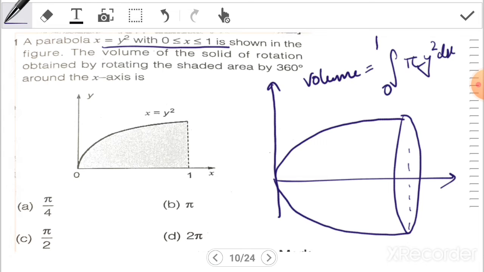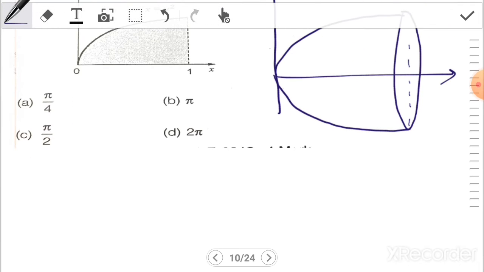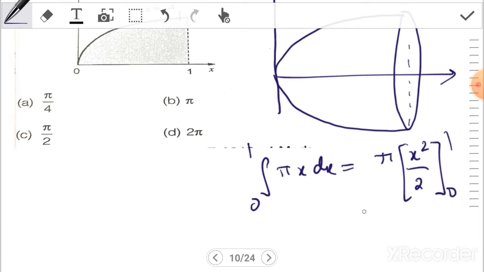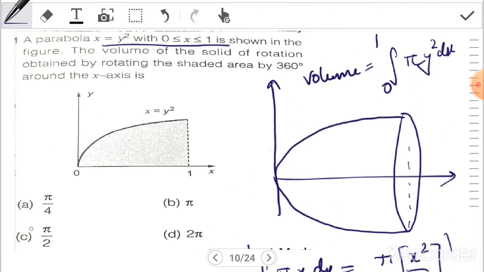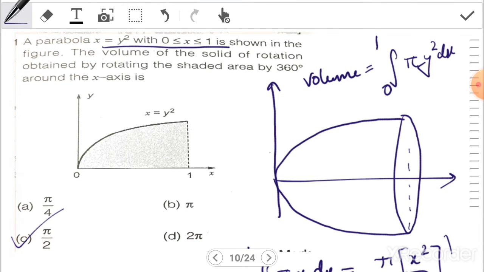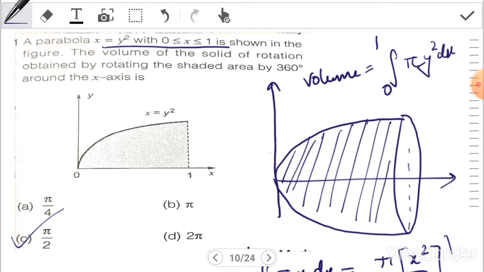And y square is nothing but x, so it is simply 0 to 1 pi x dx, which is equal to pi x square by 2 from 0 to 1, which is nothing but pi by 2. Okay, so pi by 2 is the right answer. So we found out the volume of the solid of rotation. Okay, let us go to the next problem.